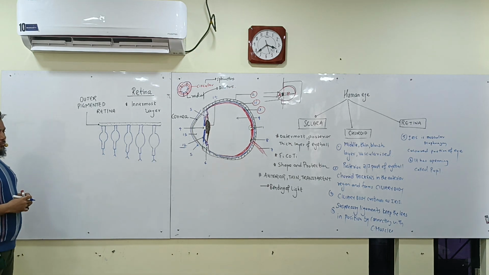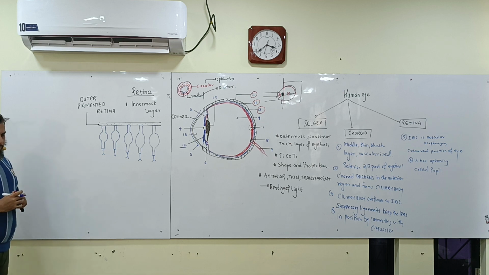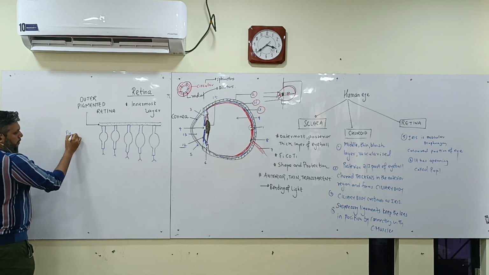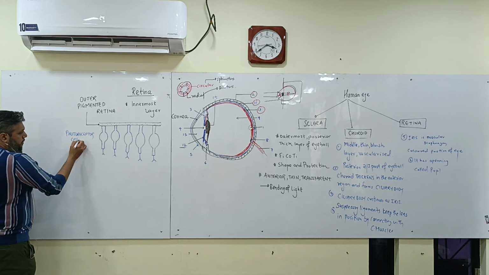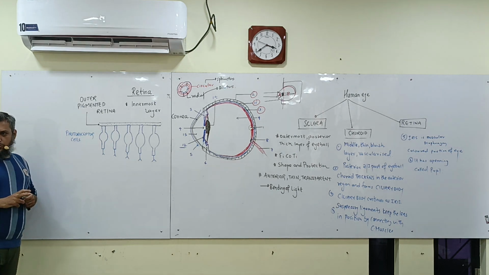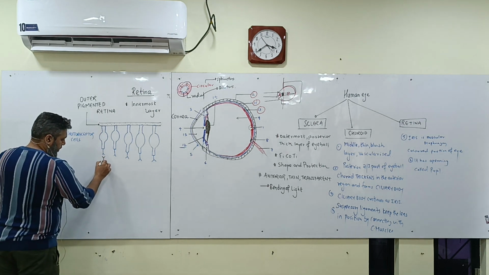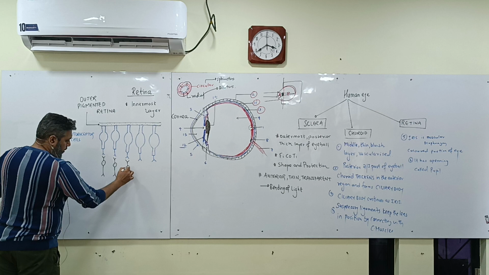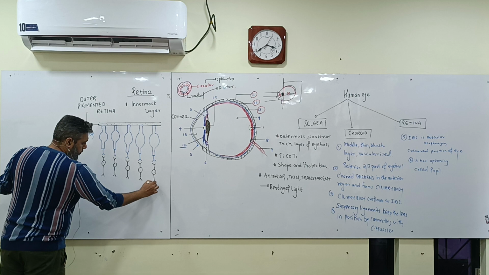Now, the inner nervous retina is made up of different layers. This first layer that I have shown is called the photoreceptor cells. Photoreceptor cells, followed by the bipolar neurons.